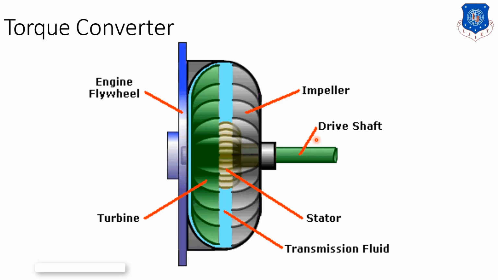The torque converter is nothing but this assembly of the pump, or we can say impeller, and the turbine. This side is our impeller, or drive shaft, and this side is the turbine. This blade, shown in green, is a turbine blade.